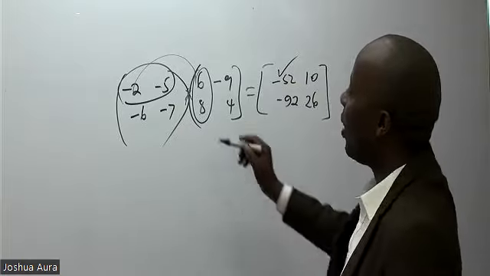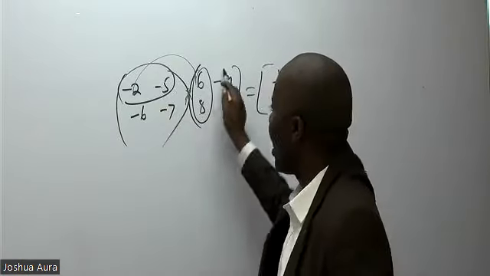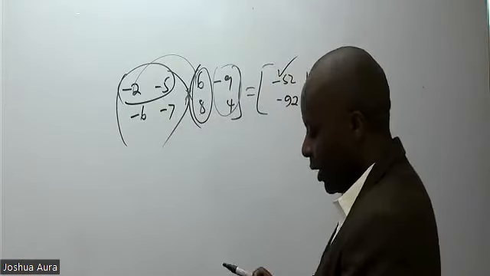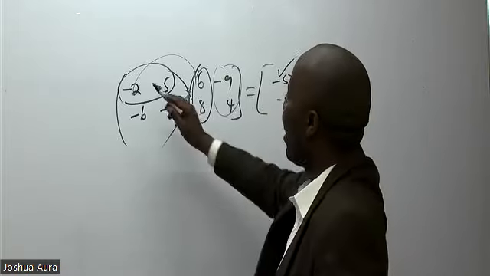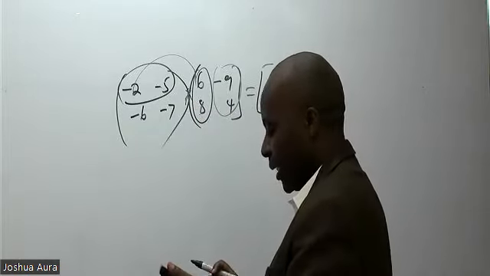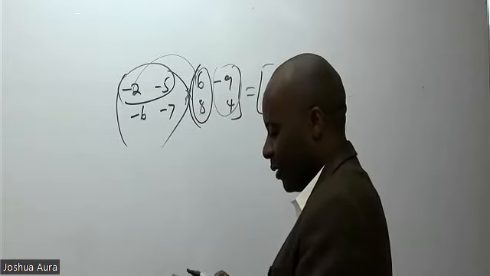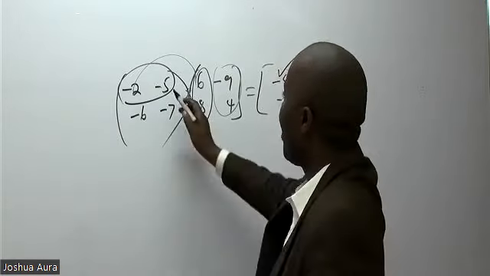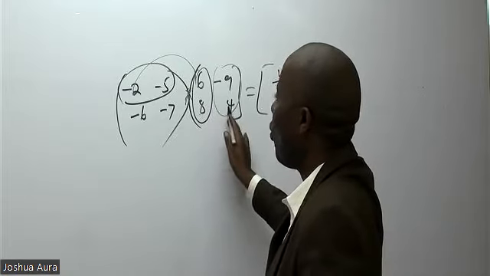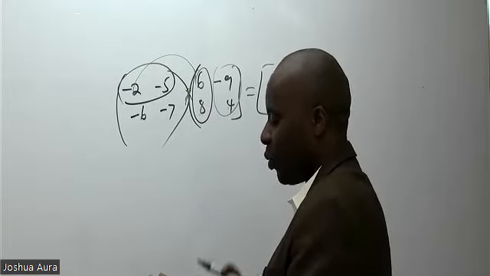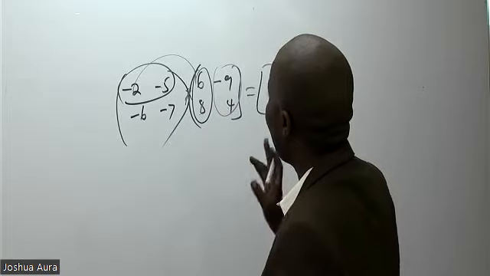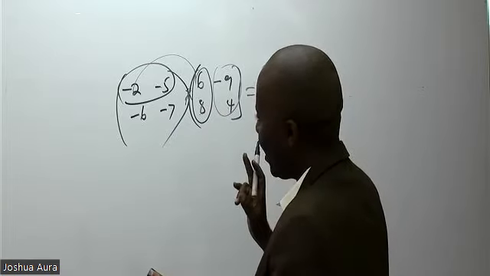And now we go and take this and this. So we have here -2 times -9 plus -5 times 4, and then I say equals. I am getting -5. Nope, let's go slowly here.